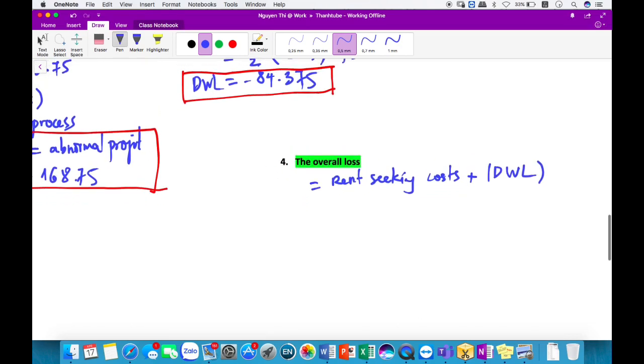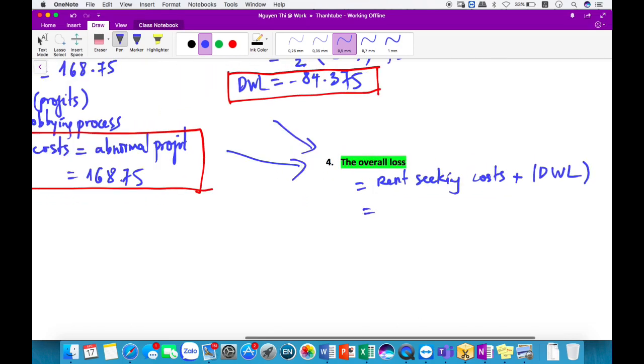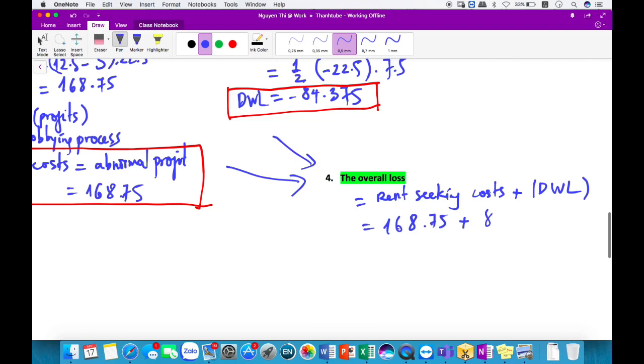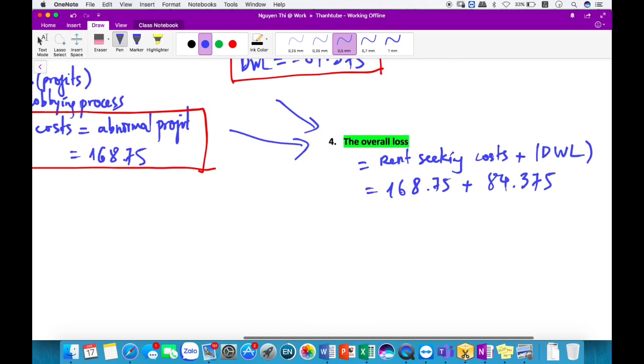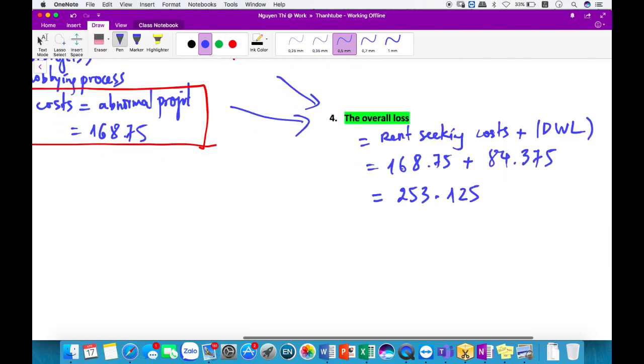This is equal to 168.75 plus 84.375, or equal to 253.125. So this is the overall loss from the calculation.